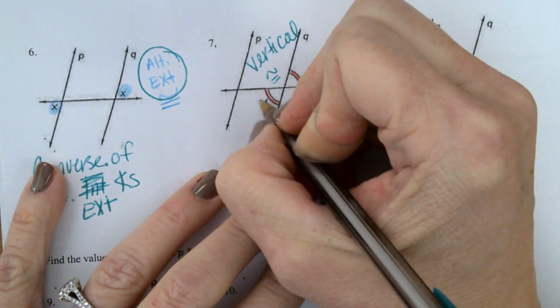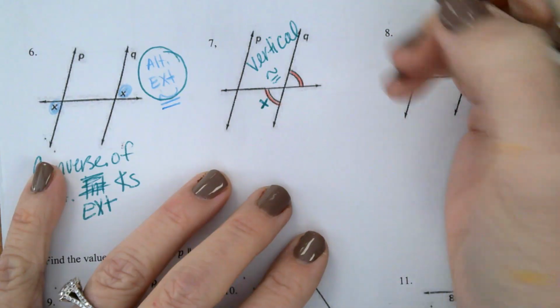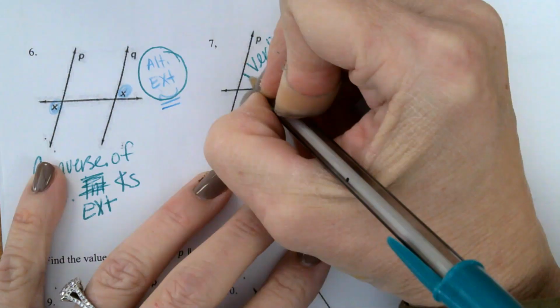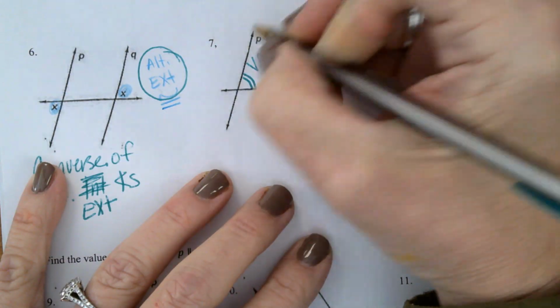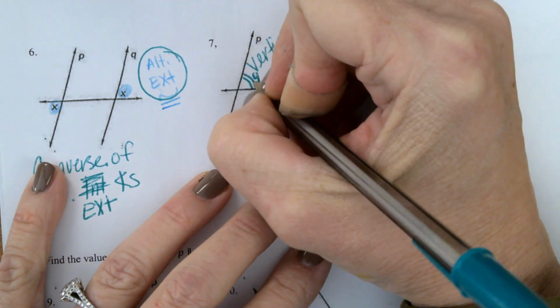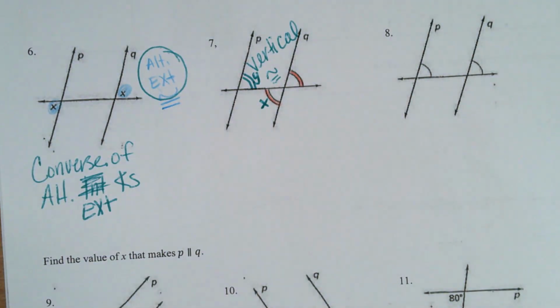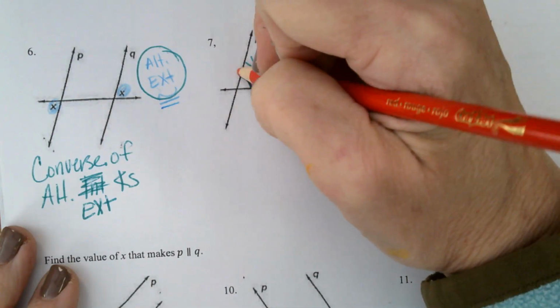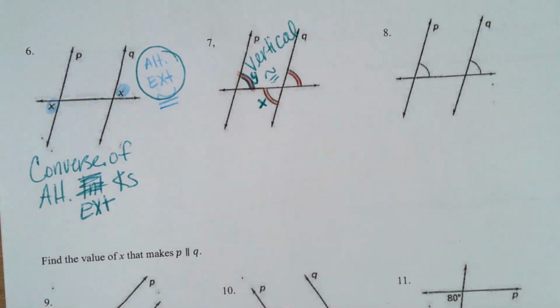Okay. Vertical. Yeah? Okay. So let's put an X right here. And actually, I want to add something to this picture. I'm going to put a Y right there. Draw two arcs and put a Y right there. I'm not sure why that was left off, but we're going to add it. Okay, the two arcs tell you that things are congruent, right?